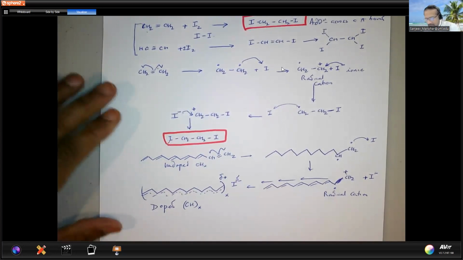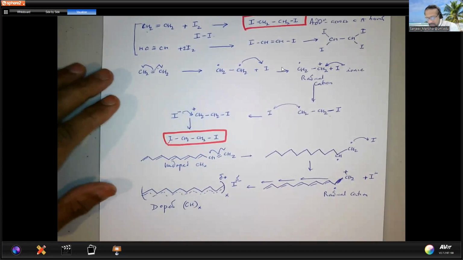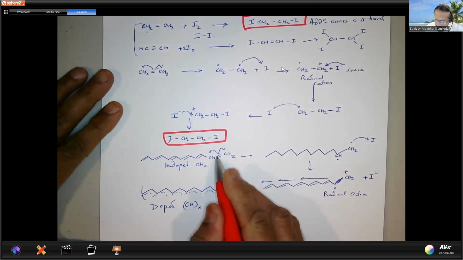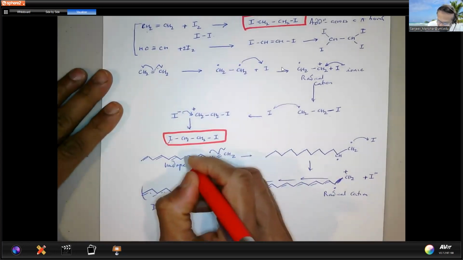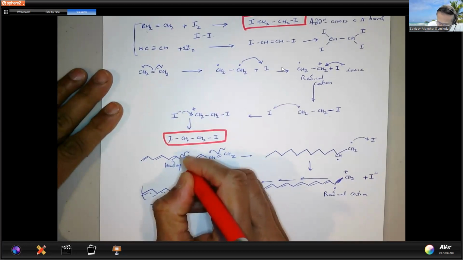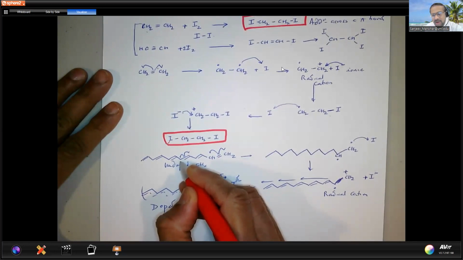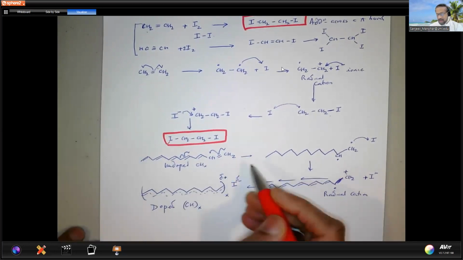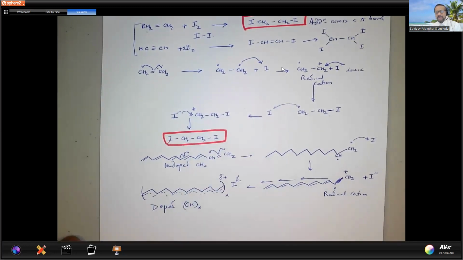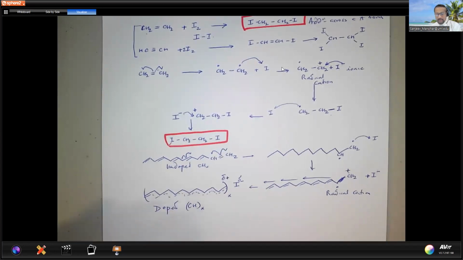Homolytic cleavage of the bond, the terminal bond or the internal bond, doesn't matter. It doesn't have to be the terminal bond. You can have it in the beginning or in the middle of the chain, to give you a dot and a plus here as well, right? It doesn't have to be at the end. I did it at the end to make it easy for you to understand. Since we started with an end over there, that's how we started it.